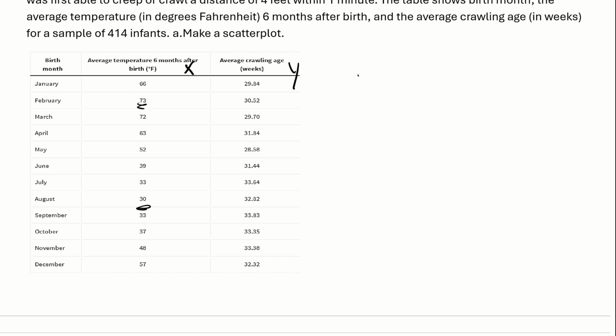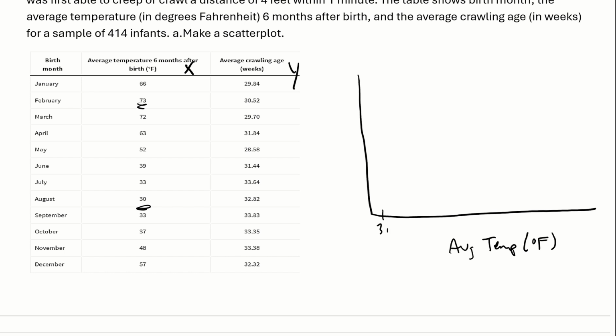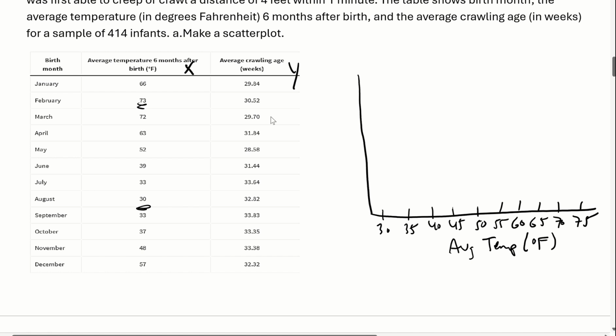So we got the average temperature in degrees Fahrenheit. We'll start from 30, we'll go by fives. Okay, and then the smallest crawling age is about 28.58, and then the largest is in about 34-ish.